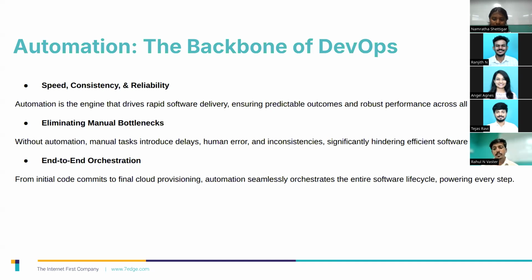That's what automation removes: all the repetition. It brings speed, consistency, and reliability to every step, from code build to infrastructure provisioning. And that's all, like the initial commits from Git or any DevOps concept you bring, automation plays a major role here. So yeah, Tejas.